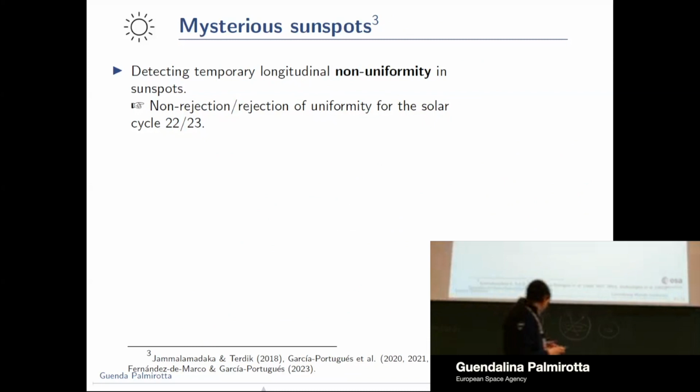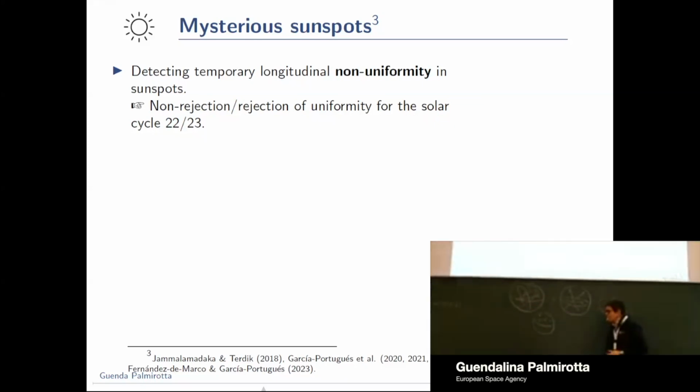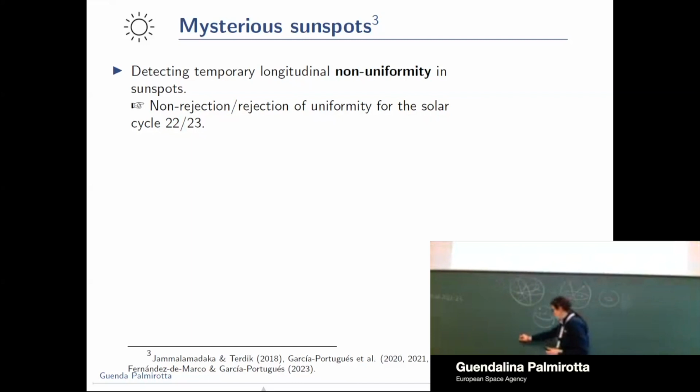And here we can ask the same thing. Are they uniformly distributed? Here we need to take a little bit of care, because the sun has what we call a cycle, which is 11 years. And so there's a peak.